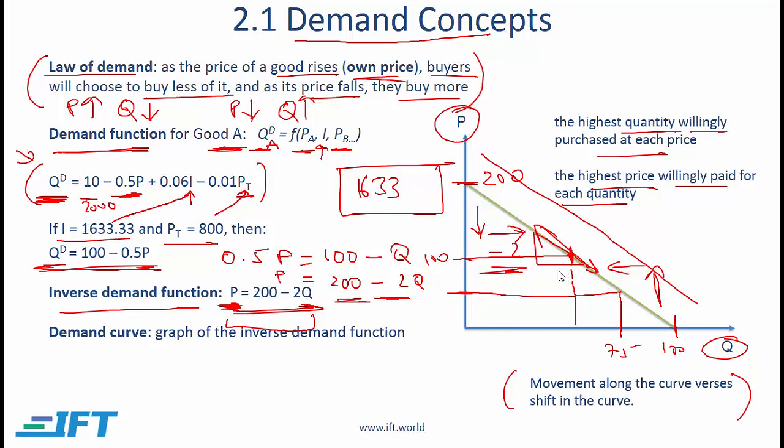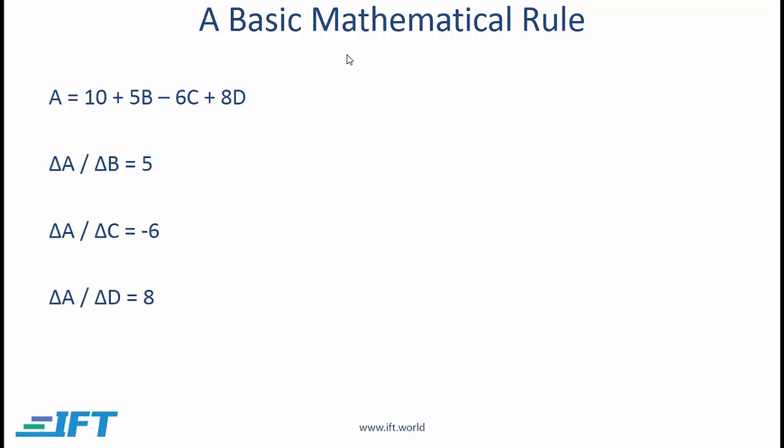So again, remember, if the own price changes and nothing else changes, then we move along the curve. If something other than the own price changes, such as income or the price of tables, then the demand curve will shift. In the next segment, we will cover the elasticity of demand.